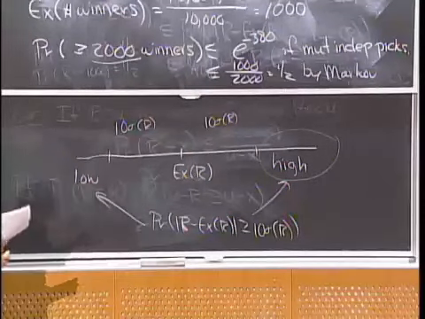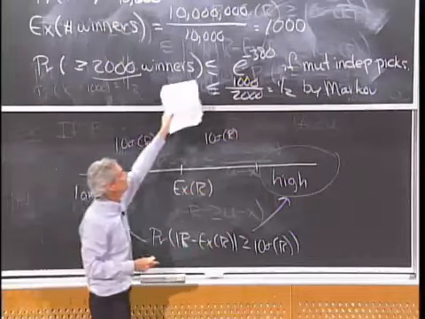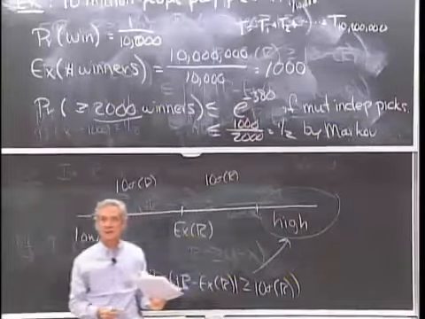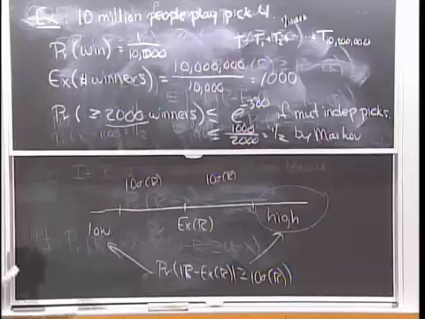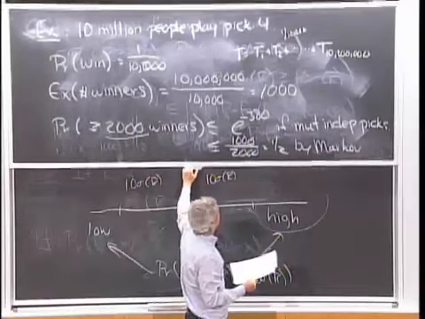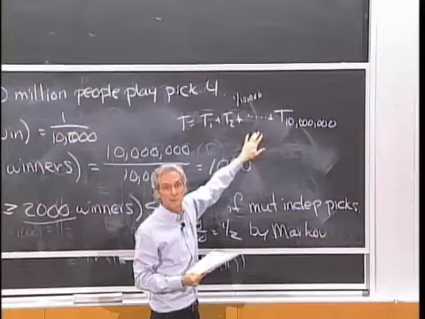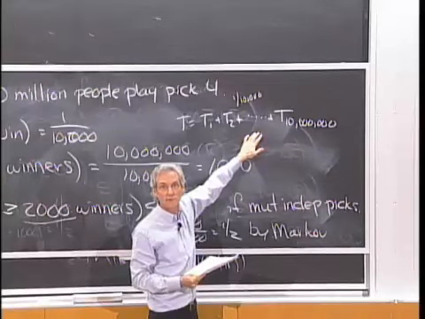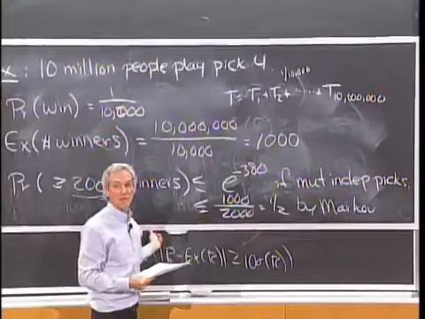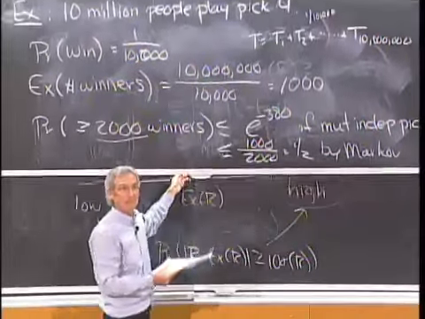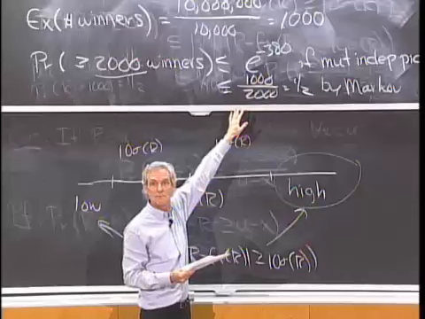OK. Now, there's another way we could have gone about this. What kind of distribution does T have in this case? Binomial, because it's the sum of indicator random variables, 0, 1s. Each of these is 0, 1, and they're all the same distribution. There's a 1 in 10,000 chance of winning for each one of them. So it's a binomial. So we could have gone back and used the formulas we had for the binomial distribution, plugged it all in, and we'd have gotten something pretty similar here. But Chernoff was so much easier.